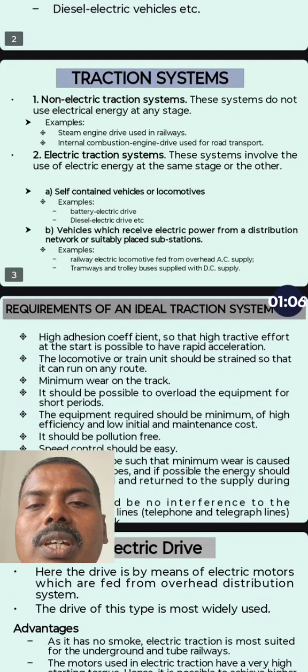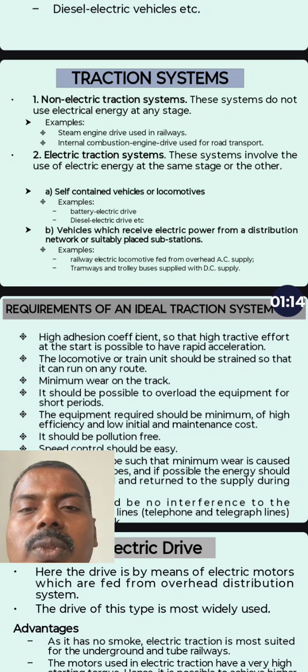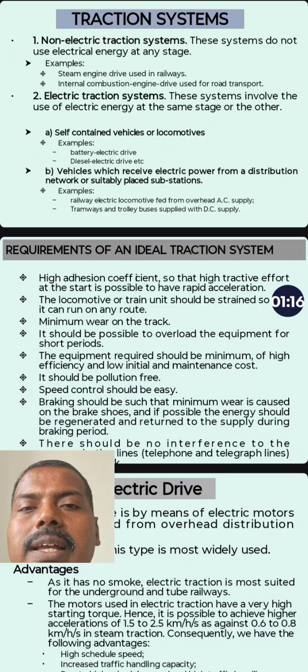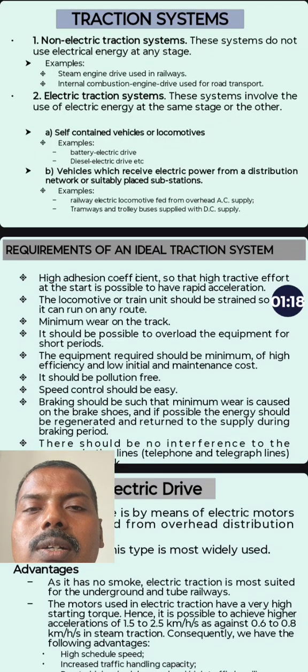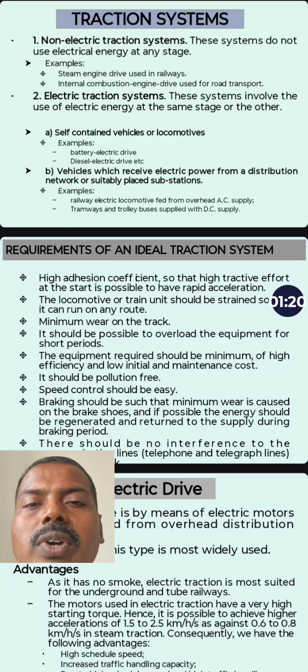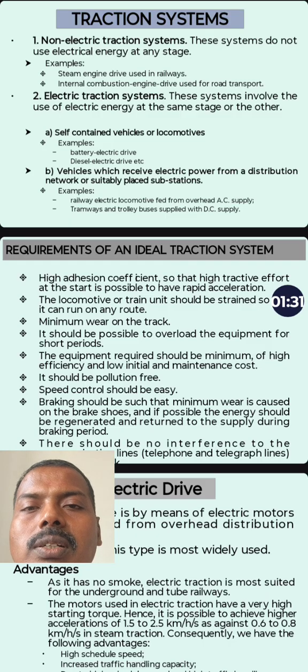The second one is the electric traction system. This system involves the use of electrical energy at some stage. In the electric traction system, we have two types. One is self-contained, and the other is a vehicle which receives the electric power from the distribution network or suitably placed substation.